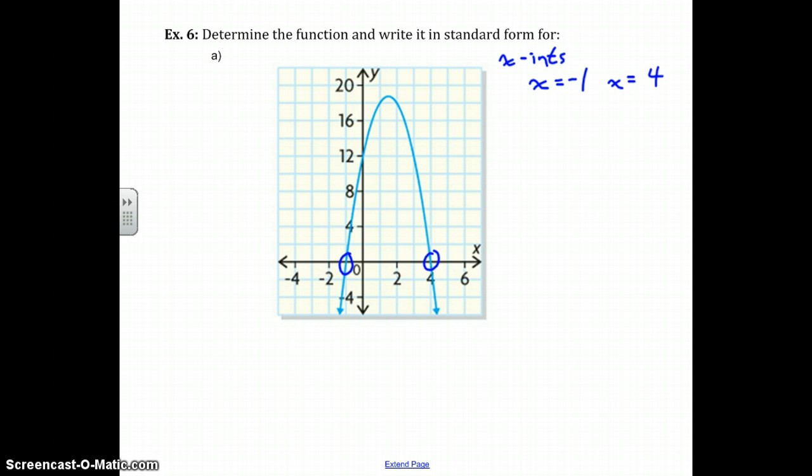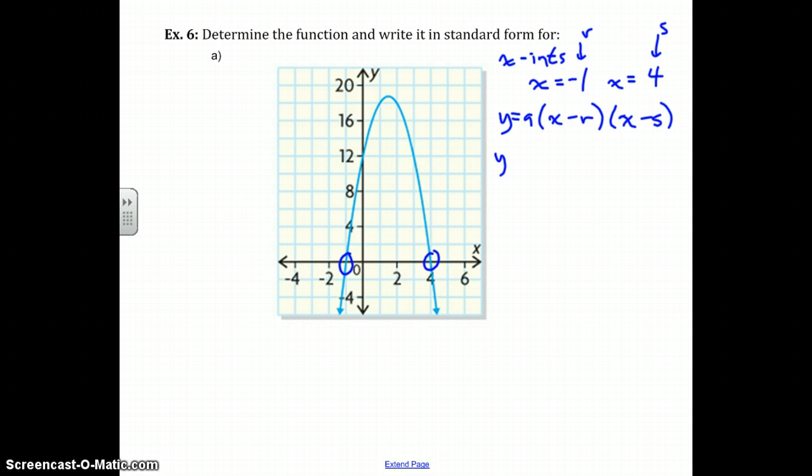So how does that help us? Well, factored form, remember, was y equals a bracket x minus r bracket x minus s. And those intercepts there are actually our r and our s values.